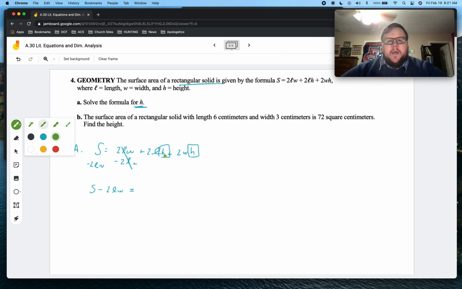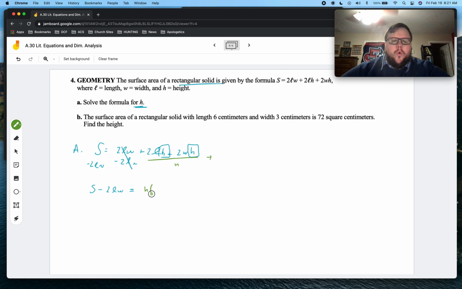Now I'm going to do this in one step here. I have 2LH and 2WH here. So what I'm going to do is I'm actually going to factor out an H from both of those. I could do 2H, but because I want H by itself, it's going to be better. So that's going to turn out to be H quantity 2L plus 2W.